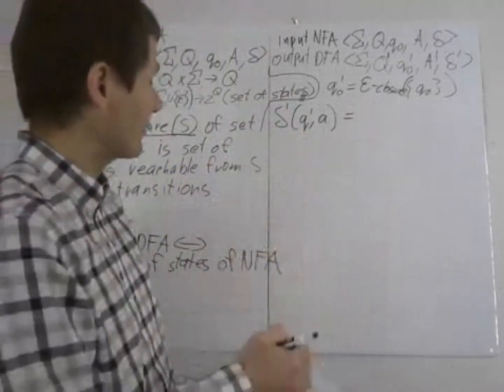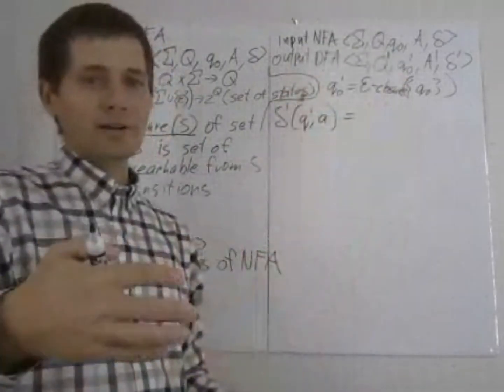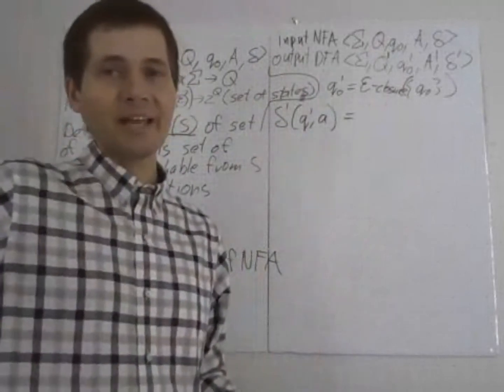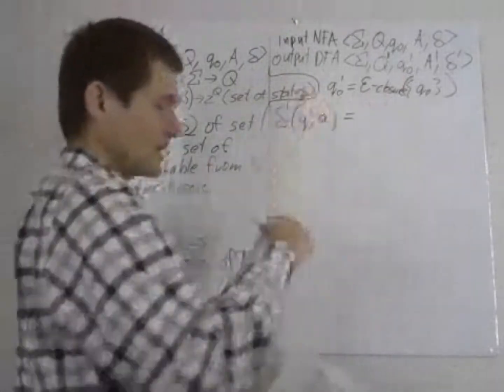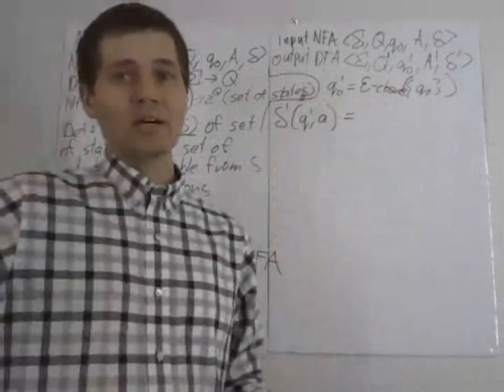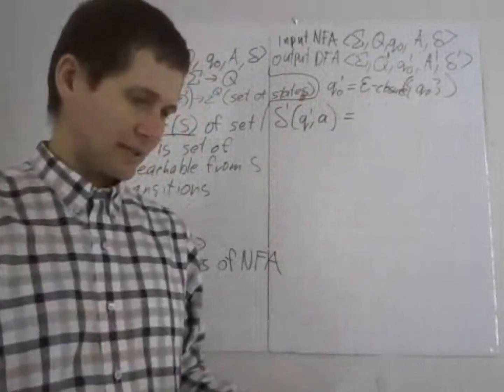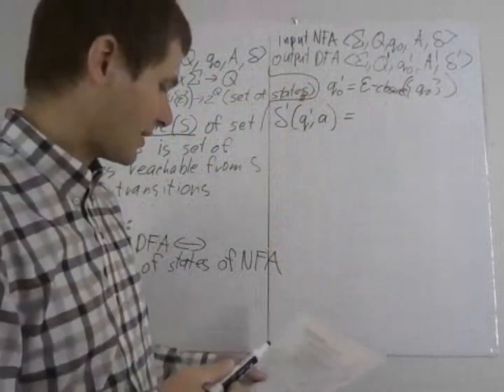So what do I do with it, right? I want my DFA to go to the set of NFA states that the NFA would go to if it started in one of the states in Q prime and saw an A symbol, right, and transitioned on the symbol A. Okay, so how am I going to do that?